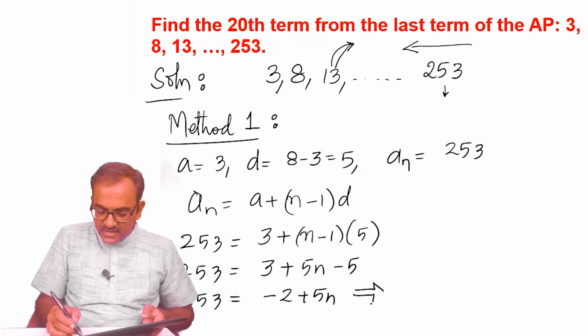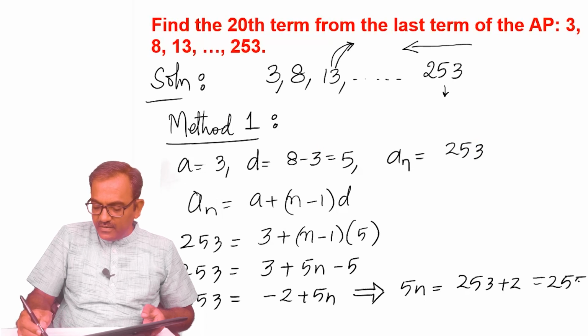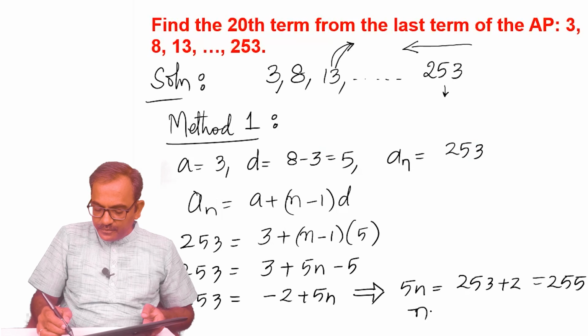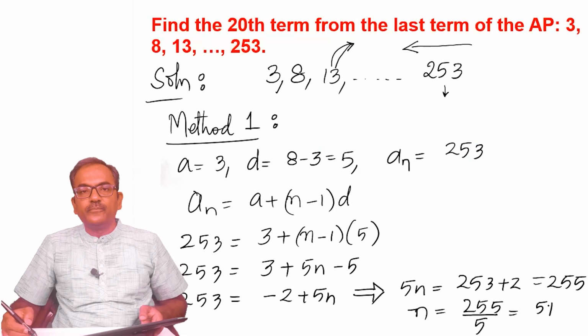So what does this imply? 5n is equal to 253 plus 2, that is 255. n is equal to 255 divided by 5, which is equal to 51.